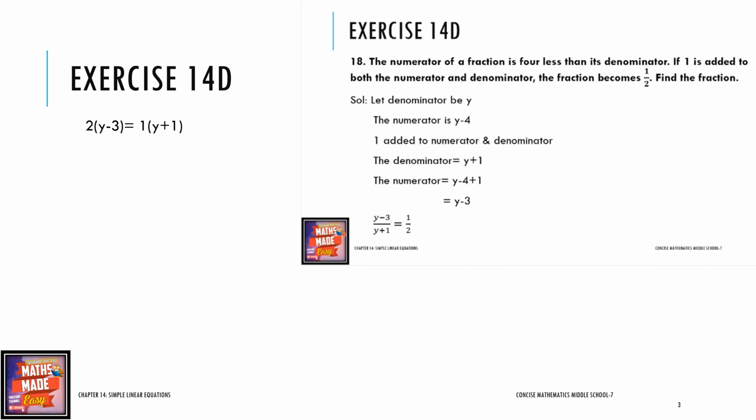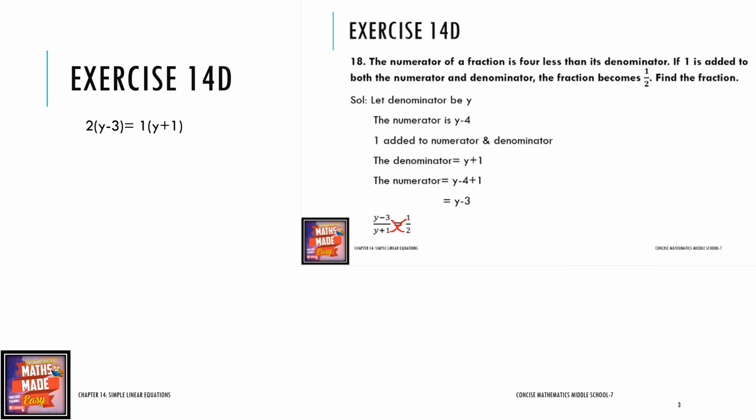When two fractions are in these positions, you can say cross multiply. You multiply this 2 over here and y plus 1 over here. You can do cross multiplication, or else when division moves to the other side it becomes multiplication, right?